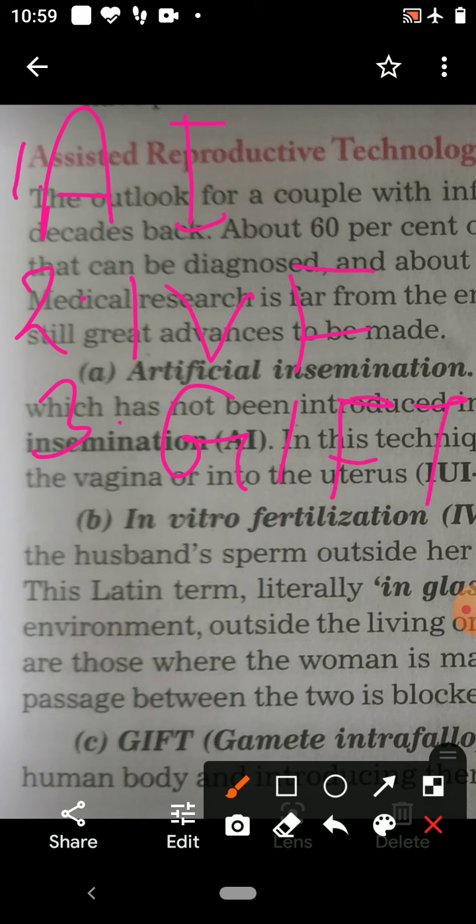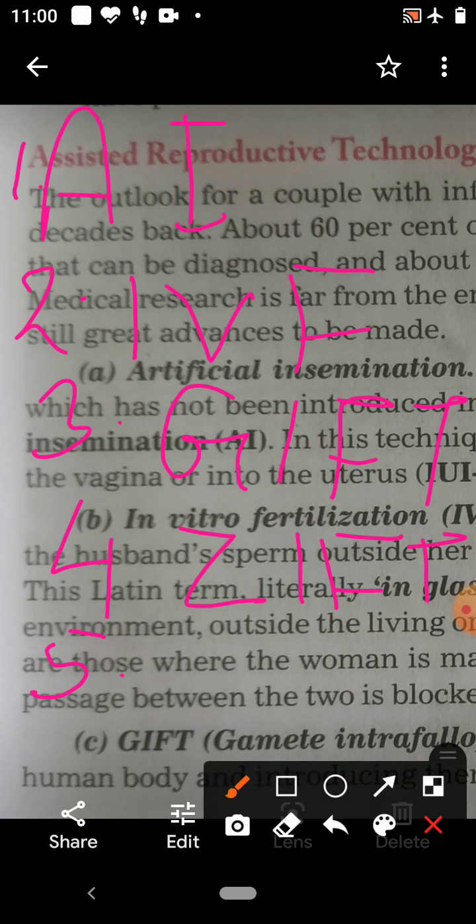G stands for gamete, I stands for intra, F stands for fallopian, T transfer. Gamete intrafallopian transfer. Fourth assisted technology is ZIFT. Z stands for zygote, I intra, F fallopian transfer. Zygote intrafallopian transfer.